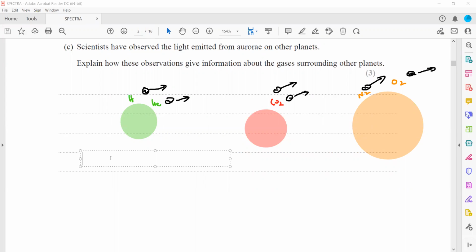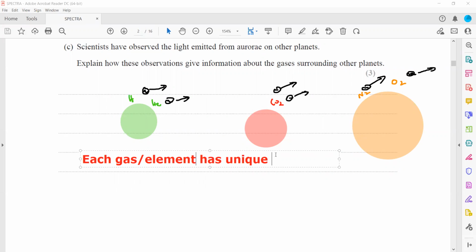So each gas, or each element, here I can mention each gas or I can say each element, because elements are different, that's why different spectra are seen.